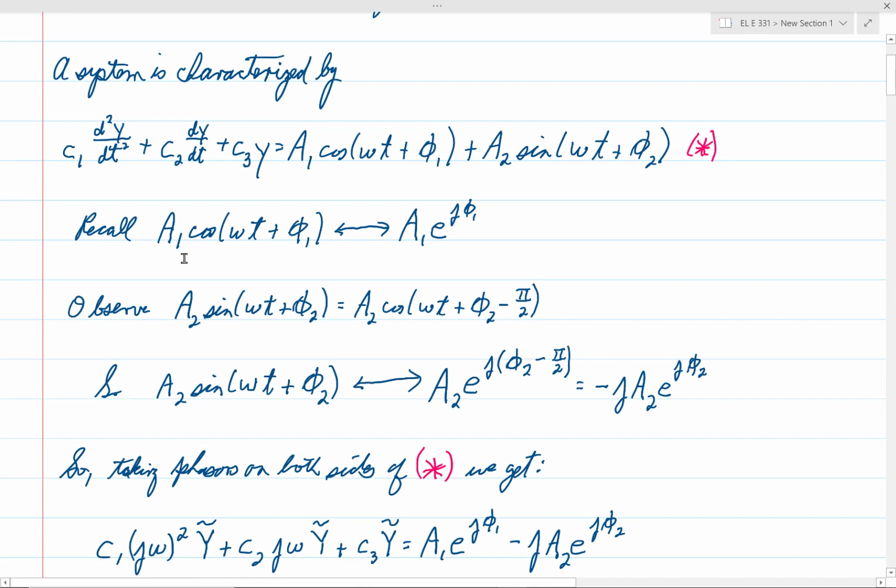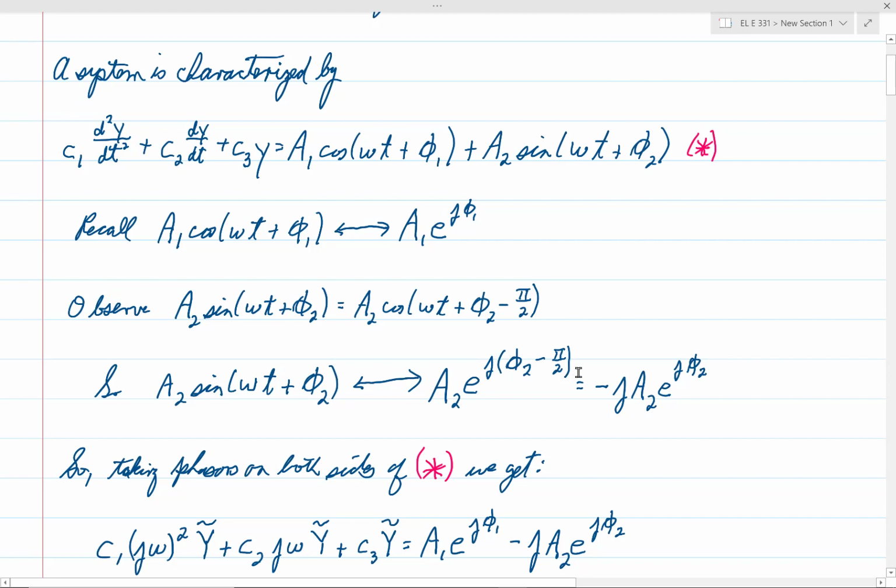that the sine of omega t plus phi2 is the same thing as the cosine of omega t plus phi2 minus pi over 2. You can arrive at that result using the cosine of a difference formula. Since the sine of omega t plus phi2 can be written like this, the corresponding phasor is A2 e to the j, and the angle is phi2 minus pi over 2.